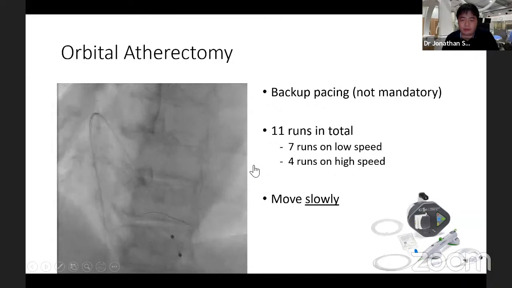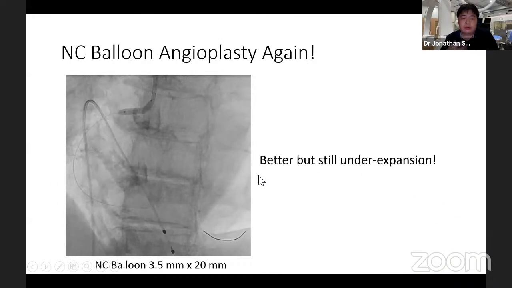And we performed 11 runs in total, 7 runs on a low speed, followed by 4 runs on a high speed, given the caliber of the vessel. And we moved very slowly at the ostium to make sure it worked effectively and safely. And then we tried to see what we have achieved with another NC balloon angioplasty.